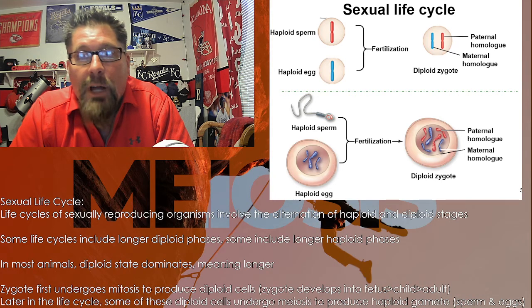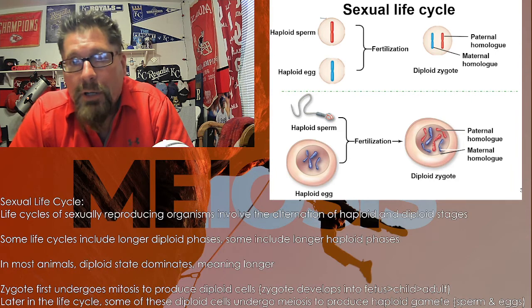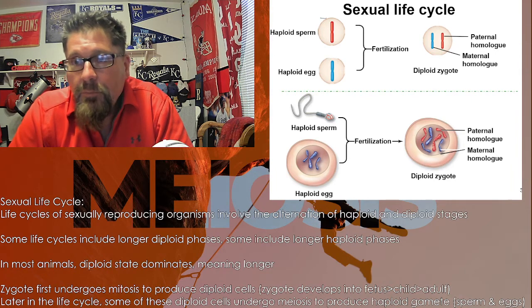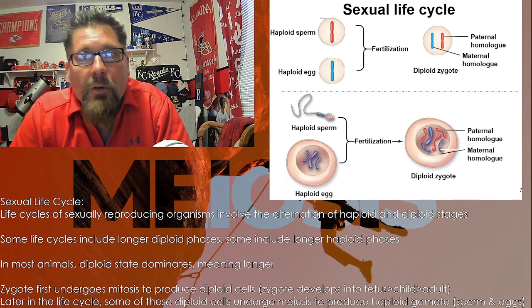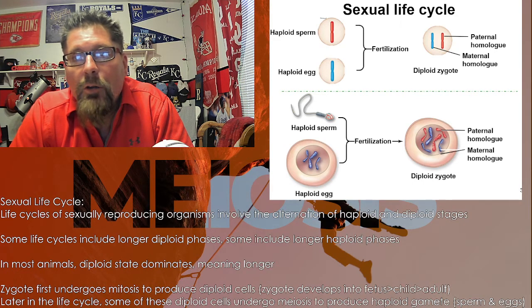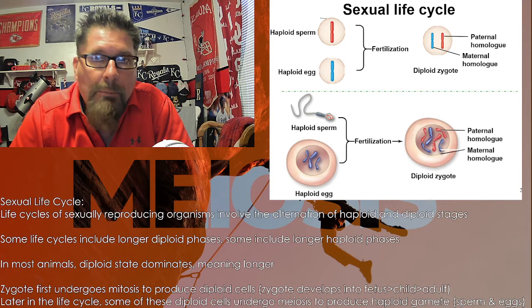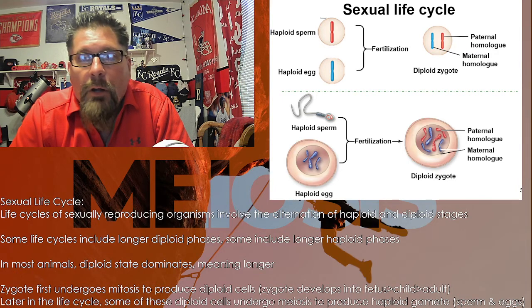In other words, the life cycle comes about because of the fertilization process, and you essentially have an alternation of generations where you go from diploid to haploid. When a zygote is formed, it's diploid. It lives out its life.